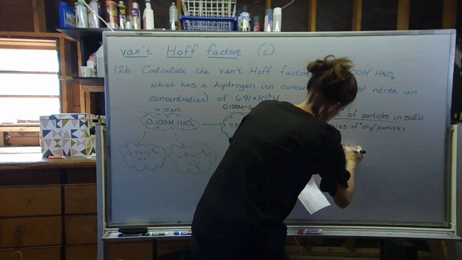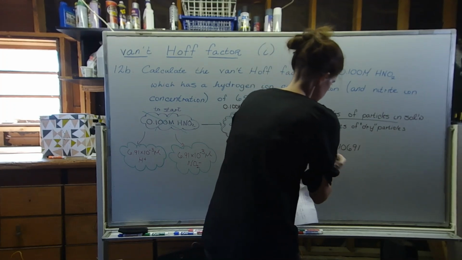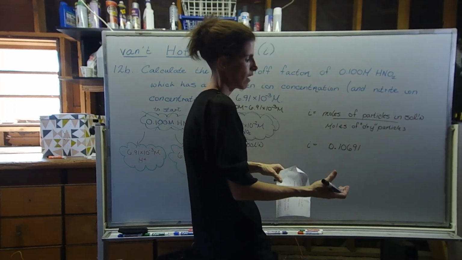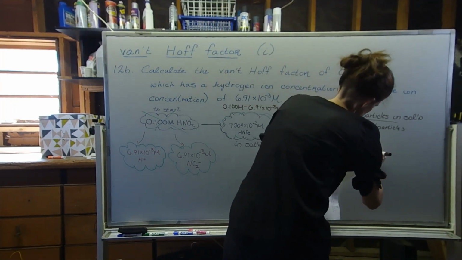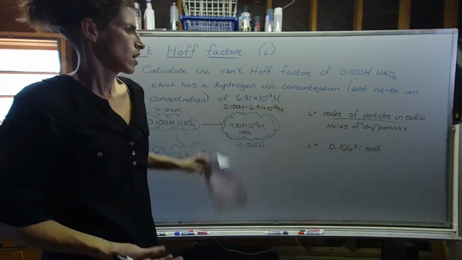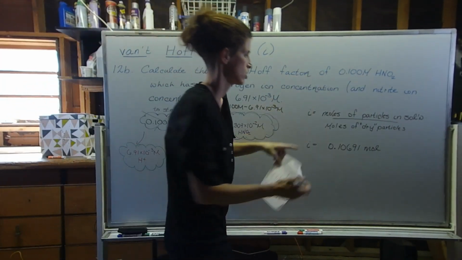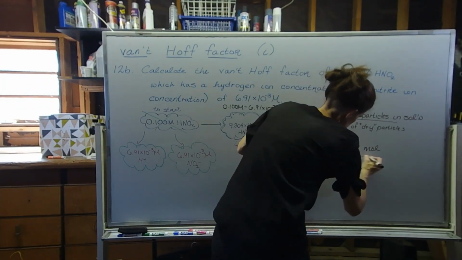And when I did that, I got 0.10691. And again, if it bothers you that I'm doing this in molarity, then you can write moles. We can just assume that it's 1 liter of solution, divided by what was happening before. So before, it was just 0.100 molar.